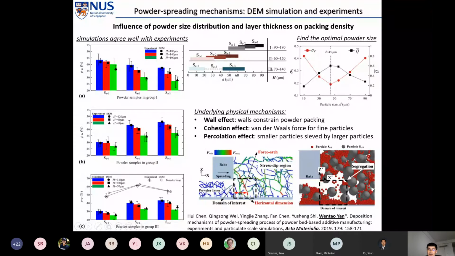So the final relative packing density for these bimodal powder particles is not higher than for mono-sized powder particles. But of course, there are a few other cases. We just investigated this case, so it's not so good.